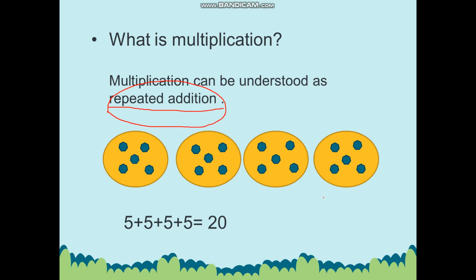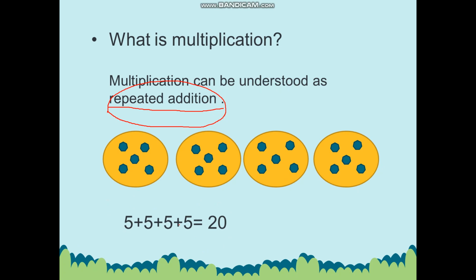Suppose you have 4 cookies and on those cookies you have some choco chips, and I ask you how many choco chips are there in total on 4 cookies. So what will you do? You will count 1 2 3 4 5, and then you will add 5 four times and it will be 20.